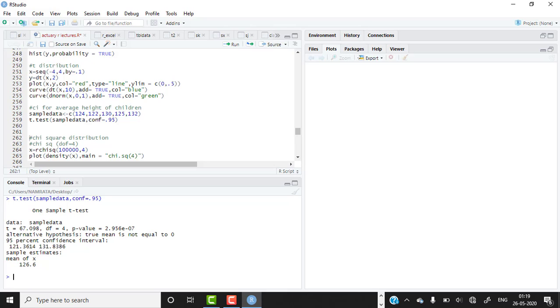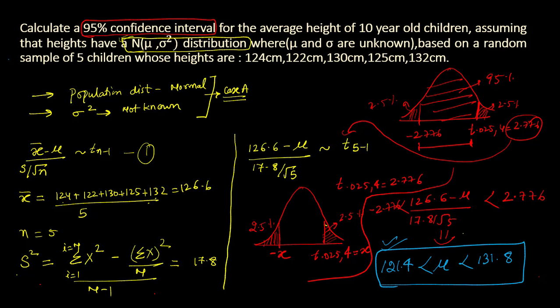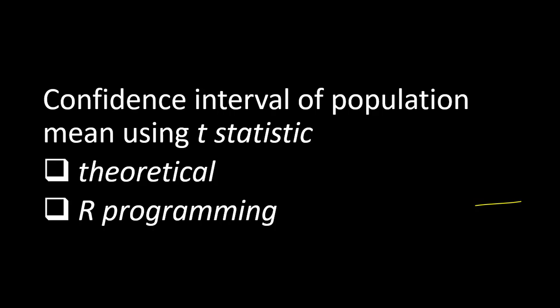Now your confidence interval is approximately the same as what we have arrived at theoretically, that is 121.36 to 131.83. So we have seen that the confidence interval from R programming comes the same as the theoretical confidence interval derivation.